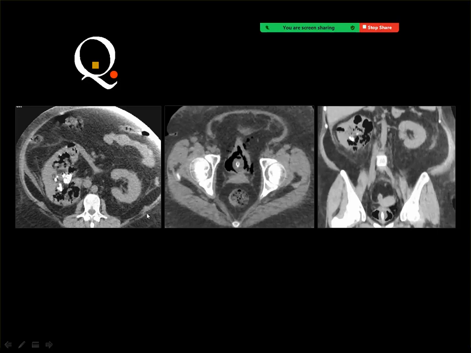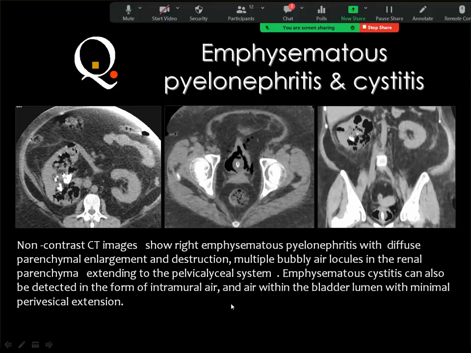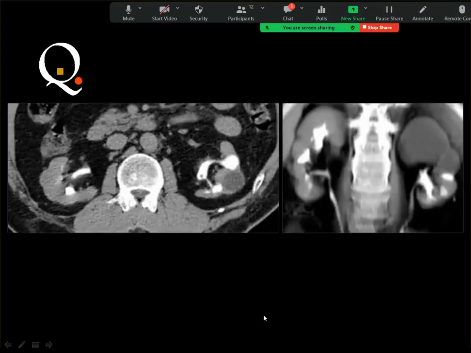It does not make a big difference. The diagnosis is emphysematous pyelonephritis and emphysematous cystitis, and these emphysematous changes are common in diabetic patients, as I have mentioned before.